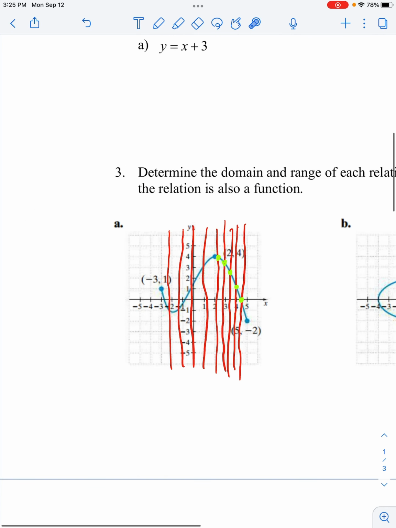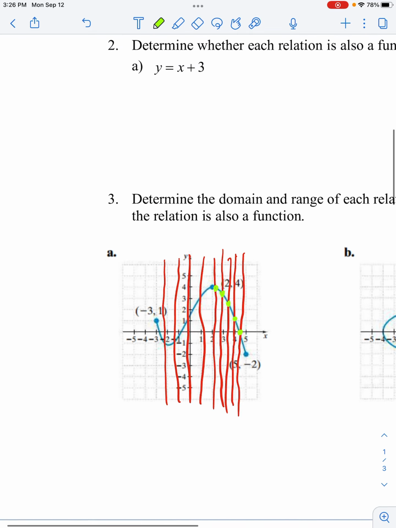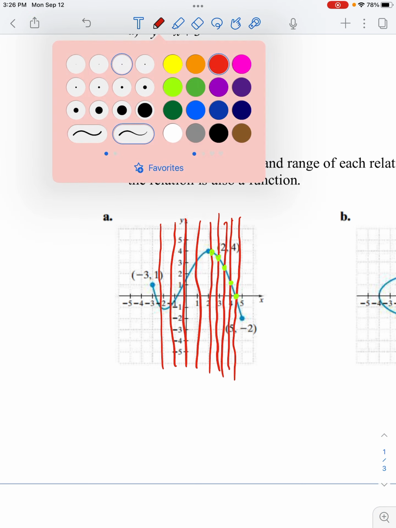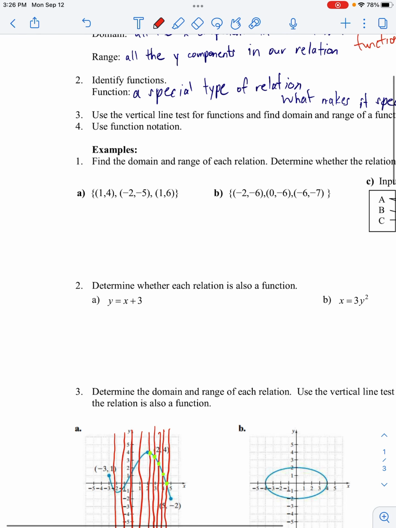Down here, anything that I can draw a bunch of vertical lines through, and the graph passes each vertical line only once, that's a function. That is a function, okay?